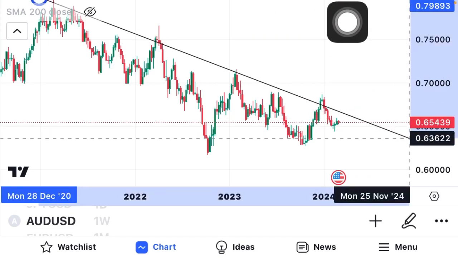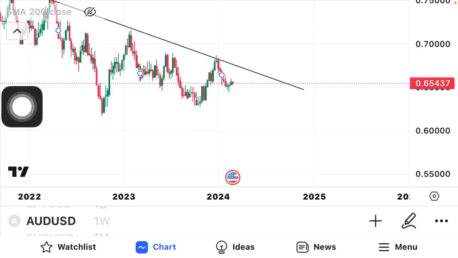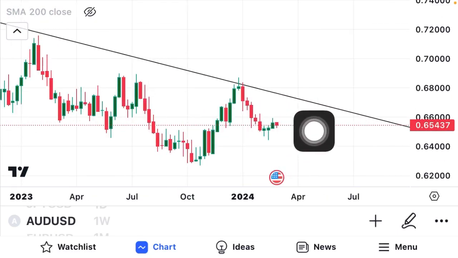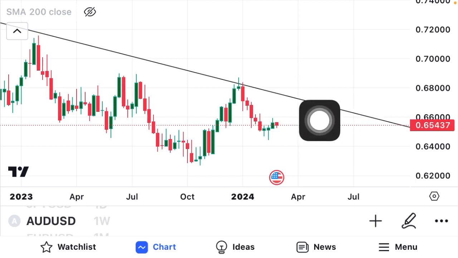Okay, let me extend it. Okay, I have extended it. So if this market, let me zoom out so that you understand better. If this market here, this red candlestick turns to a bullish candlestick which is green and starts coming to the trend line, okay, resistance, sorry, I don't mean to say support.